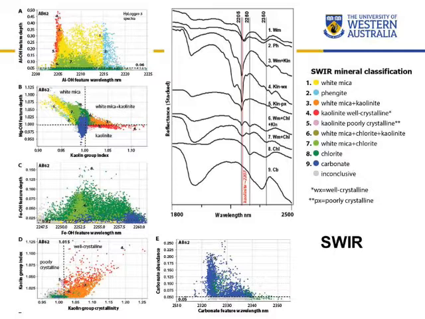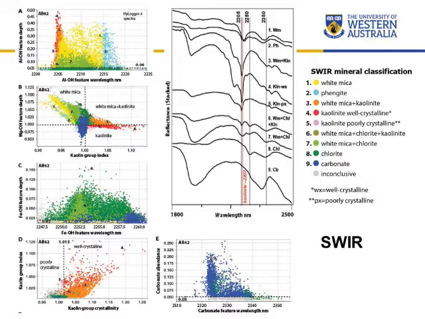In muscovite you have aluminum, and in phengite you have iron or magnesium and silica replacing the aluminum, which causes the aluminum-OH feature to shift in position towards the longer wavelength.